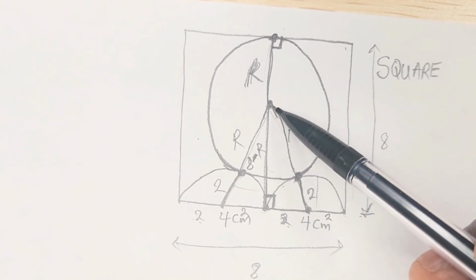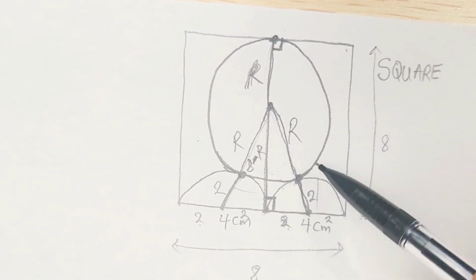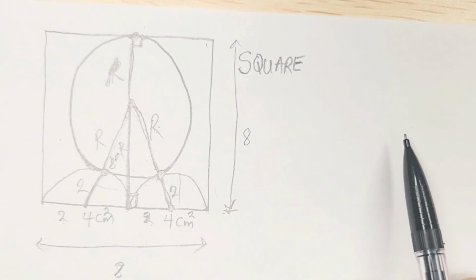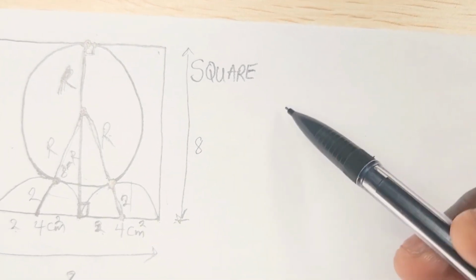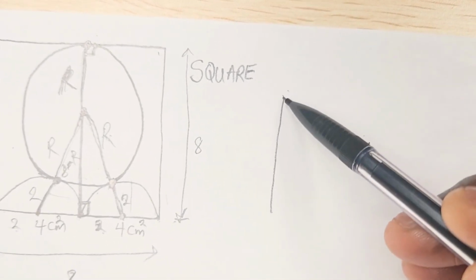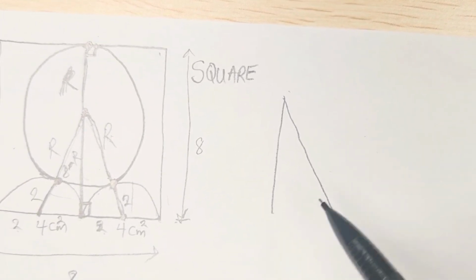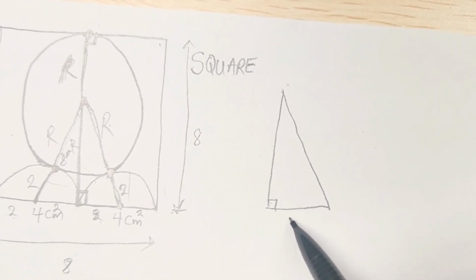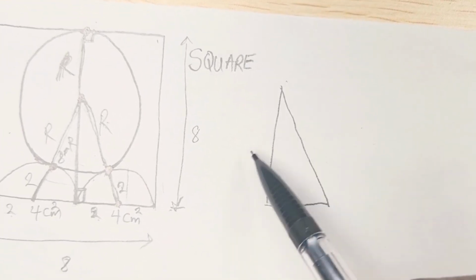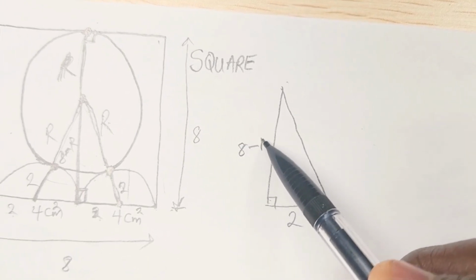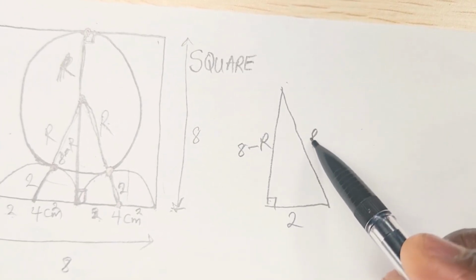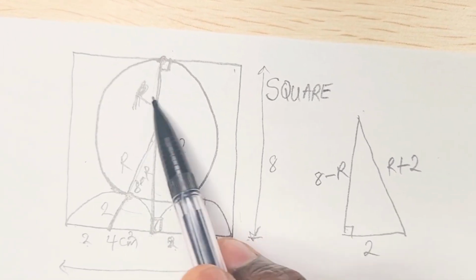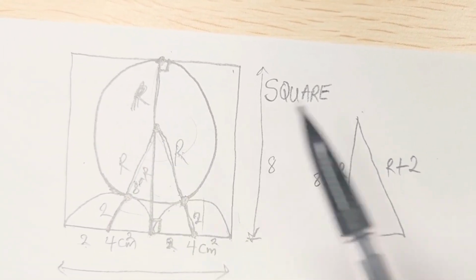And then we have this length, which is R plus 2. So now, this is the shape that we have: a right angle triangle. This is 2. This is 8 minus R. And then this is R plus 2. Remember, we're trying to find the area of this big circle.